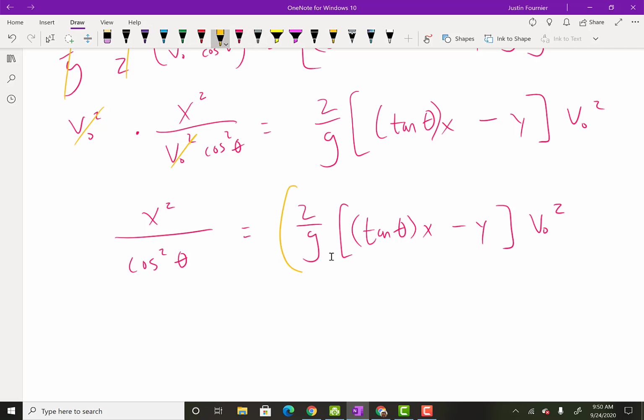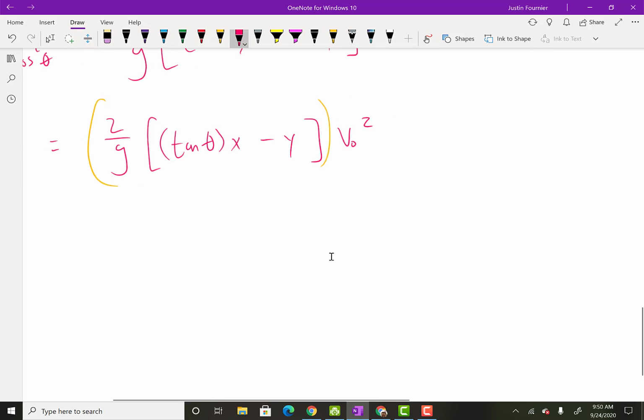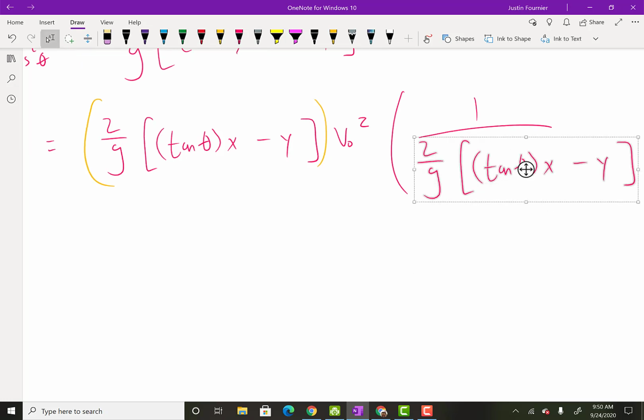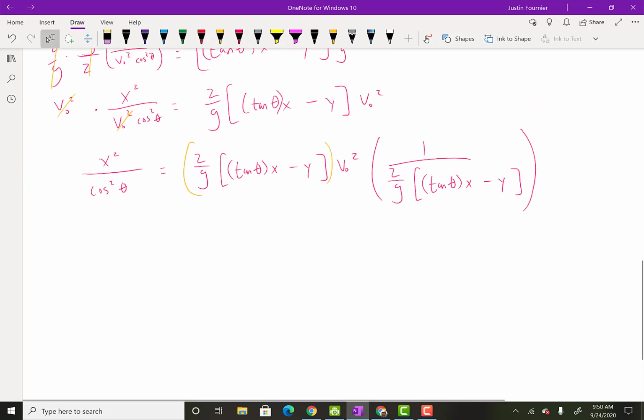Or, to make this a little easier on you, I'm going to multiply everything by 1 over all this nonsense. Because if I multiply by 1 over nonsense, this cancels with this, and I'm left with v naught squared only.